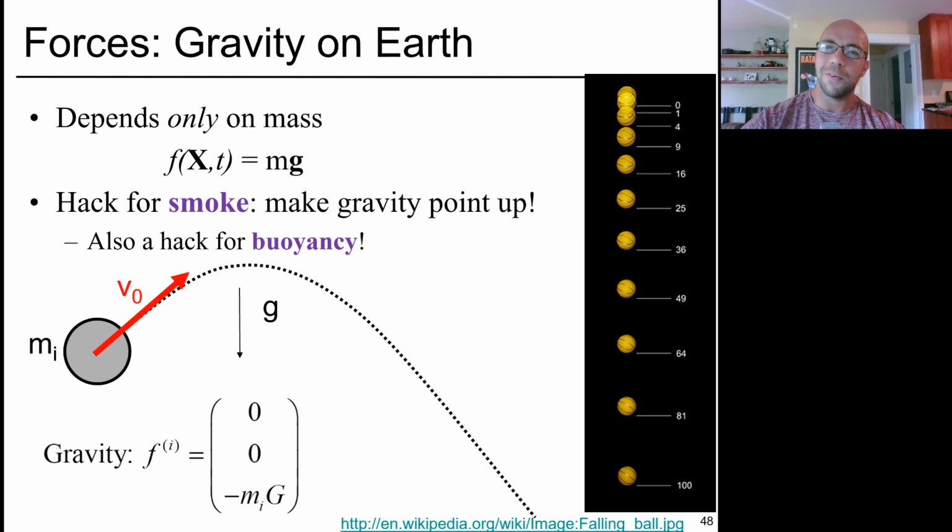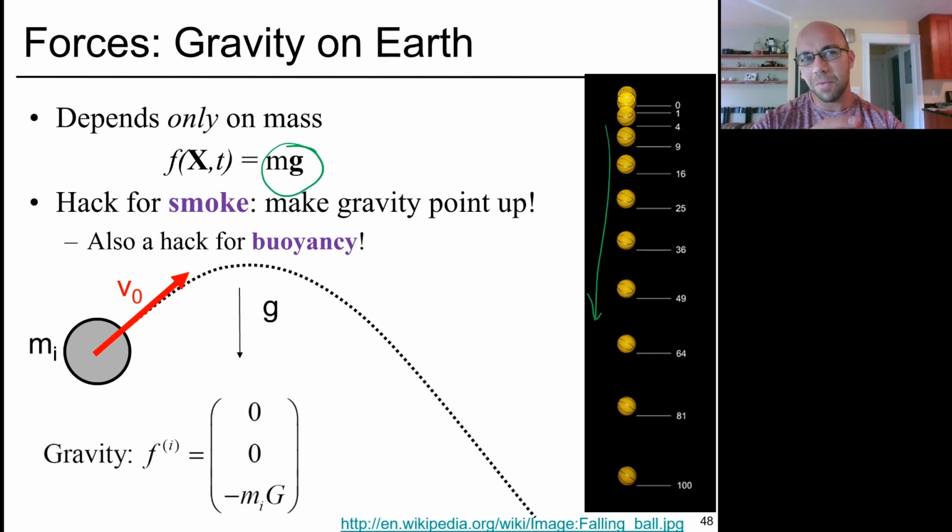Gravity is a constant force, right? It's just equal to m times g, where m is mass, g is acceleration due to gravity. I think we've all seen what that looks like. Here's a ball falling by gravity, in case you're curious. One hack is, let's say that I want to simulate smoke. So smoke particles, the next time you light something on fire in a controlled fashion, of course.